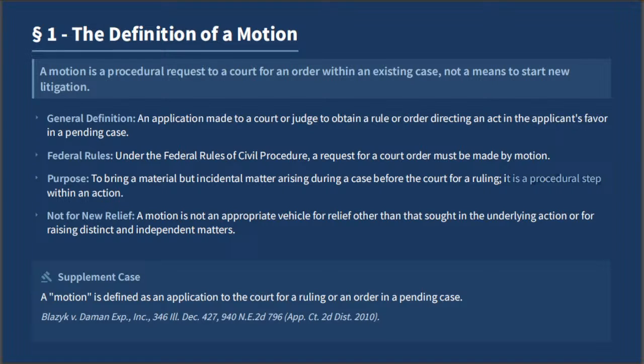This is a procedural step within an action, being a case for the court, not for new relief. A motion is not an appropriate vehicle for relief other than that sought in the underlying action or for raising distinct and independent matters. So it's not a way of adding to the relief here, essentially. That should be in the original petition.